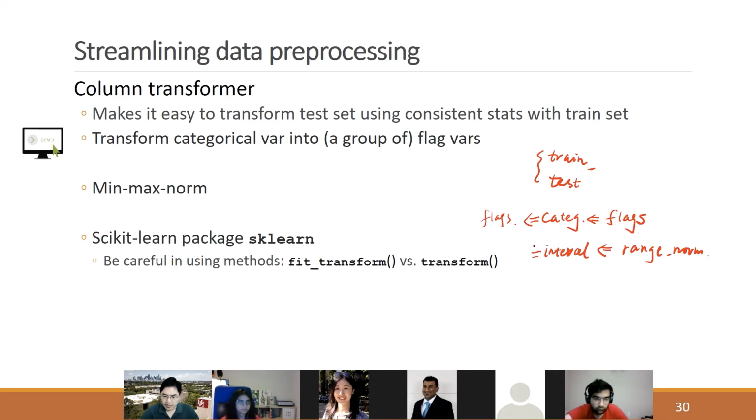Interval variable is easier. After using the scalar to rescale the variable, you still get a data frame of the same dimension. So that's easier. But then you would still have to merge these two. You have the flag variable and you have the data frame for the rescaled interval variables. You need to merge them.